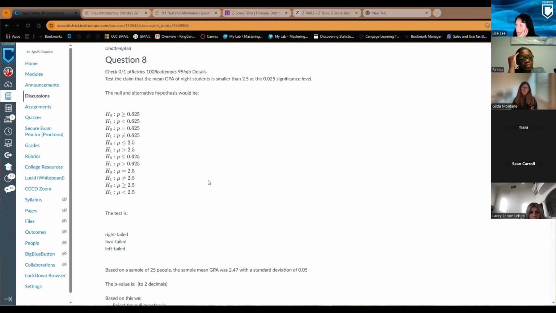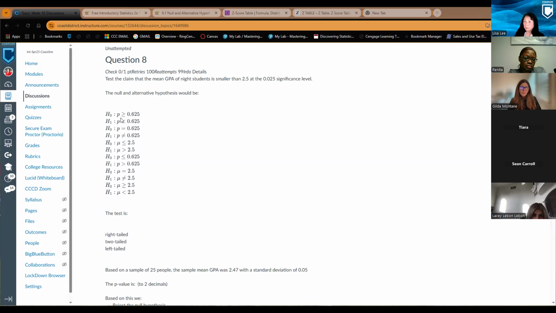We can try out this one. The claim is focused on the GPA of the student being smaller. So when you see smaller or less than, you have to go to the alternative.